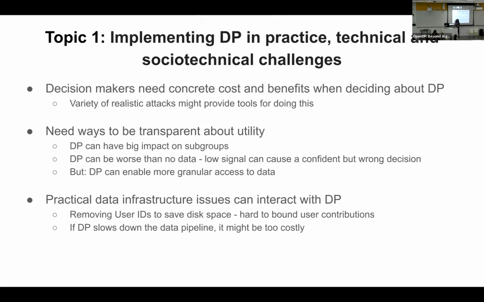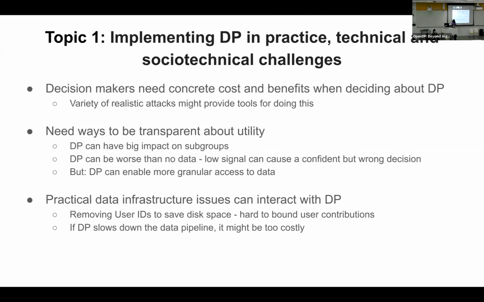Okay. Hi, so we're talking about implementing DP in practice, technical and socio-technical challenges. And I guess, how many minutes do I have? Three. Oh, okay. So we started by asking the question that was mentioned in the TPDP conference, like where DP cannot be used in practice, where can it be used in practice, and different questions.